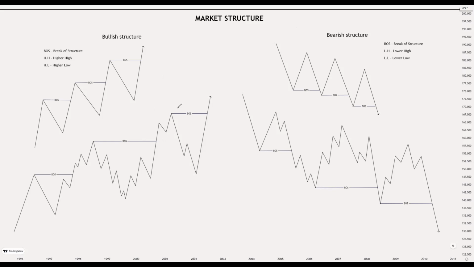Second thing, we ask ourselves which lowest point changed and broke the structure. It is this one. So this one is going to be our swing low. Right, now the price is finally changing, pulling back downside.